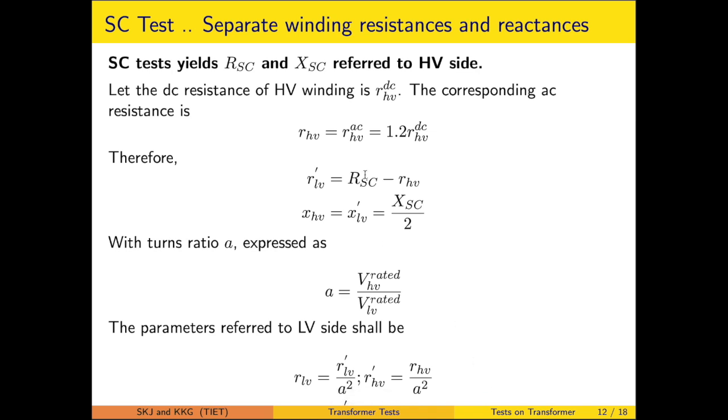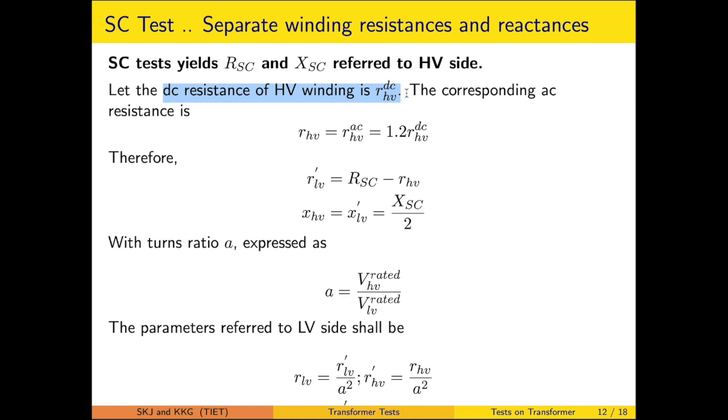So this is the procedure for separating the winding resistances and the reactances. To separate the resistance, it is only possible when we know one of the winding resistances. So let's say the DC resistance of the HV side winding is measured as this.